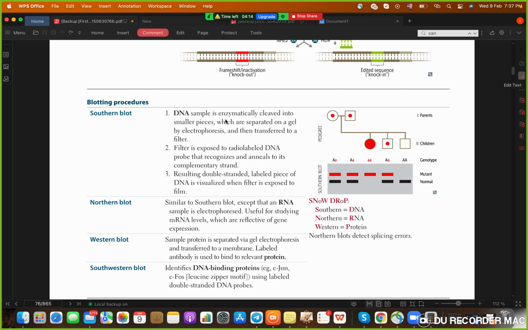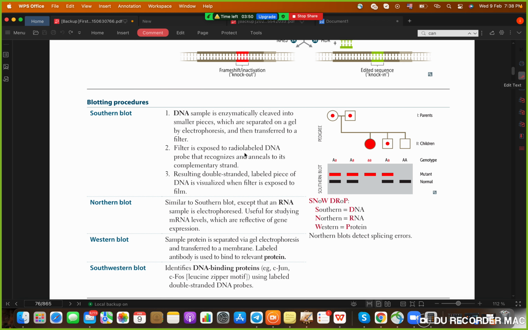So the DNA sample is enzymatically cleaved into smaller pieces, which are separated on a gel electrophoresis. We bring a gel and we put electricity on it, positive end, negative end, and we start the electricity. After that, these small particles of DNA start spreading on the electrophoresis.